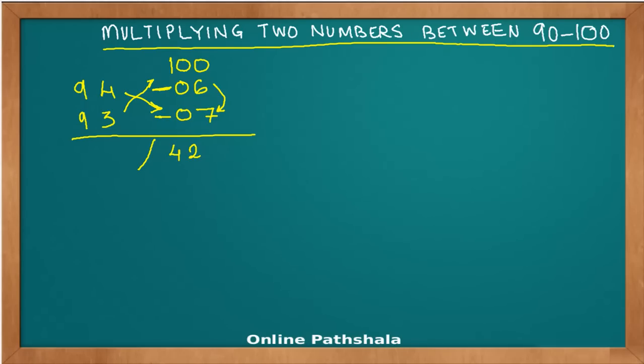Let's say I'm doing 94 minus 07, it gives me 87. I would get 87 even if I do 93 minus 6. So my answer is 8742.